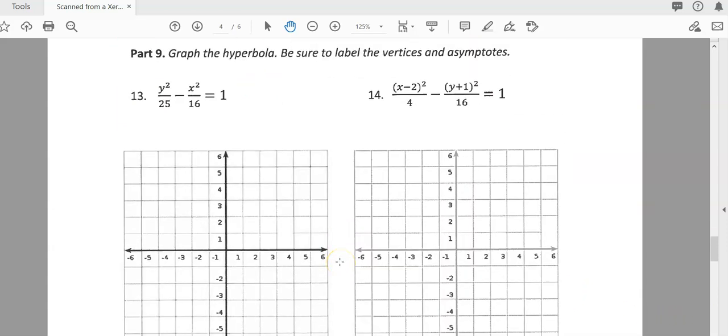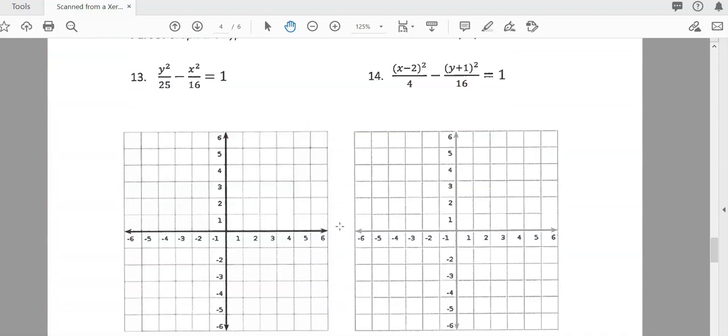Be sure to label its vertices and asymptotes. Oops. So this is a hyperbola, so let's remember that. So our points start out the same. Underneath y, I'm moving up and down 5. Underneath x, I'm moving right and left 4.